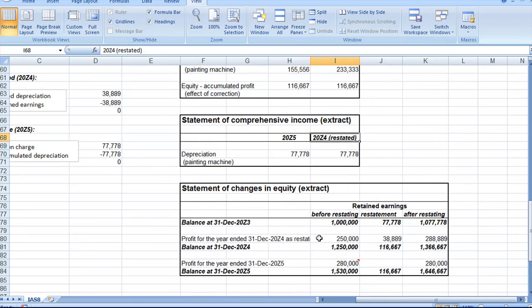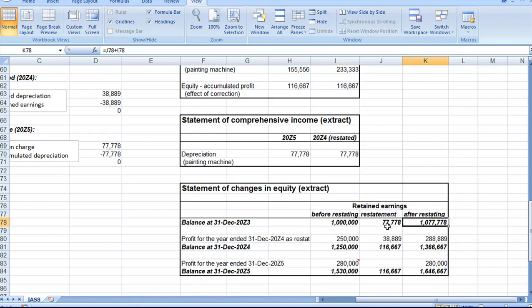Here, you start with the beginning of the comparative period, and that's exactly why we calculated the effect of correction for 20Z4 separately from previous years. So, let's say that in the last year, 20Z4, you presented the opening balance of your retained earnings at 1 million, whatever it was, and now you need to present it after correction.